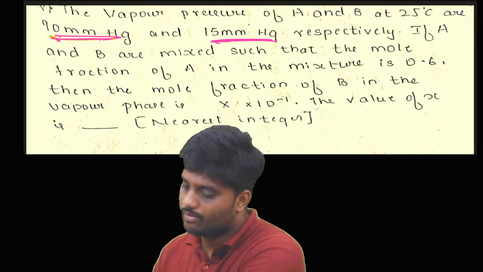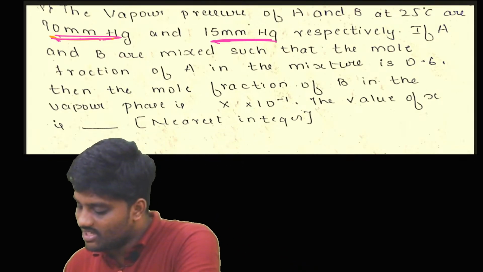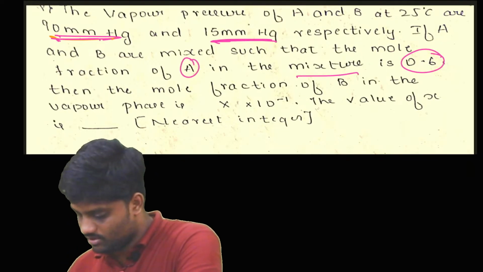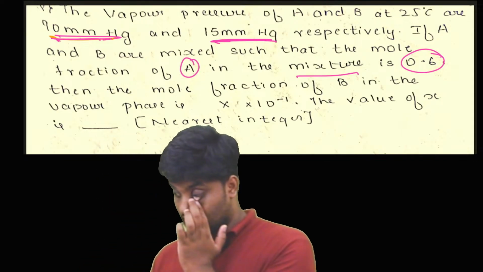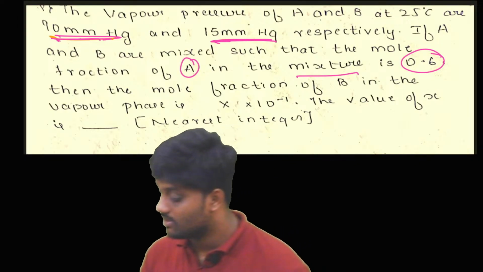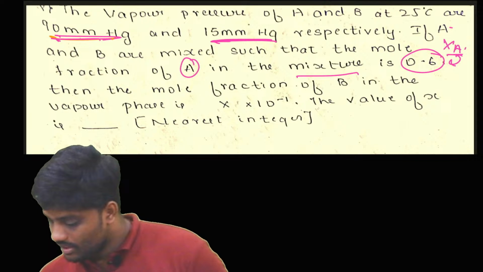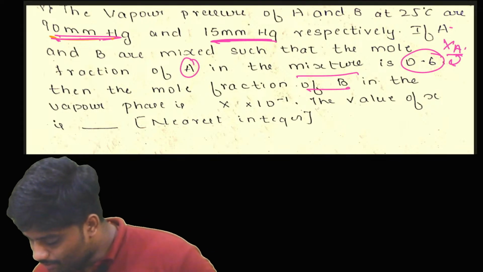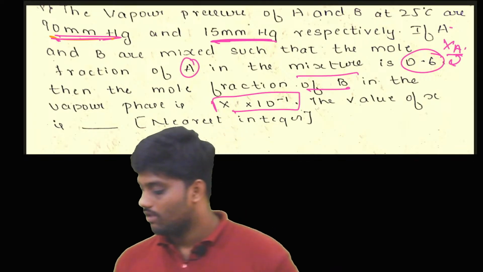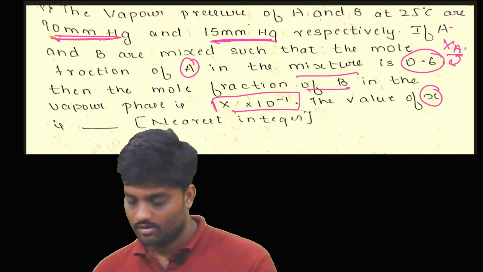If A and B are mixed such that the mole fraction of A in the mixture is 0.6, then the mole fraction of B in the vapor is X into 10 to the power minus 1. The value of X they are asking.